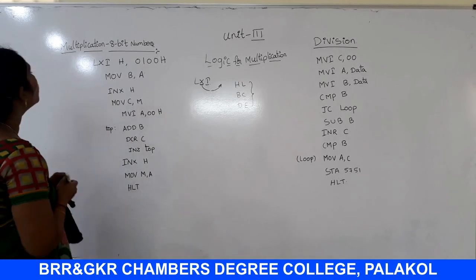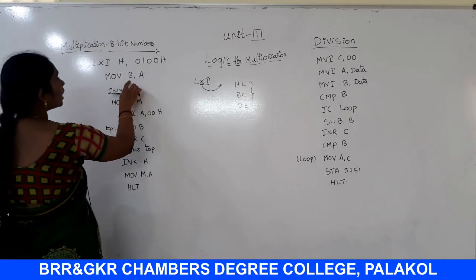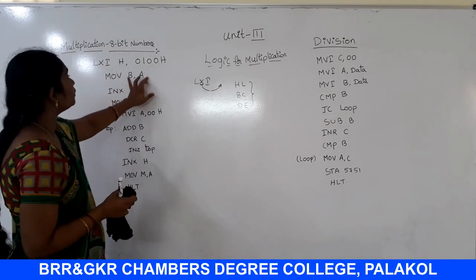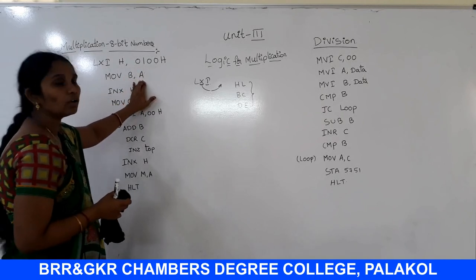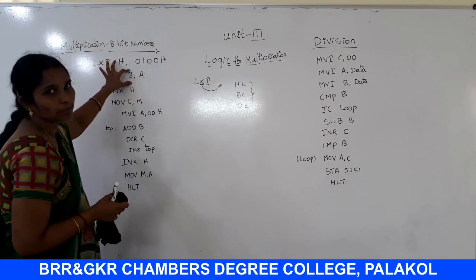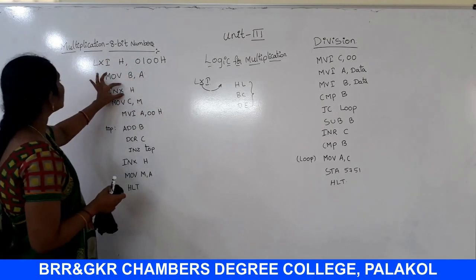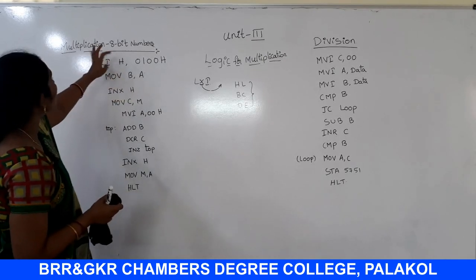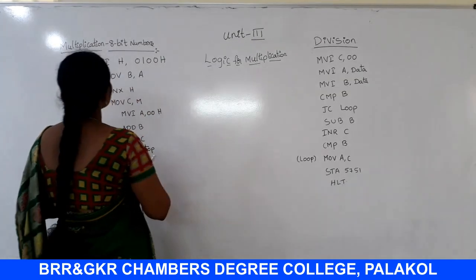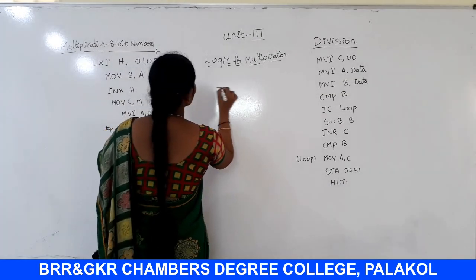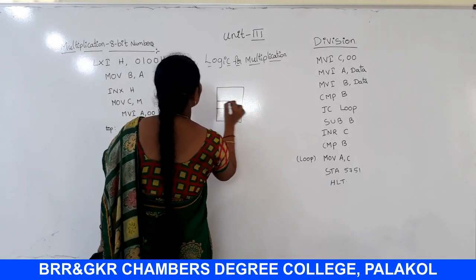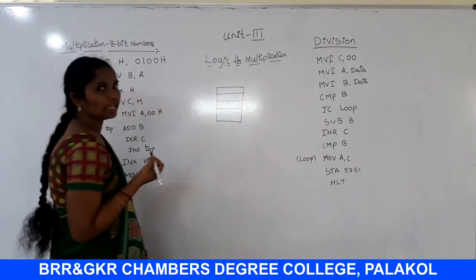Now we go to MOV A, B. That means the value in the accumulator is copied to the B register. The next one is INR H. For example, consider this memory location, which is indicated by the HL register pair.